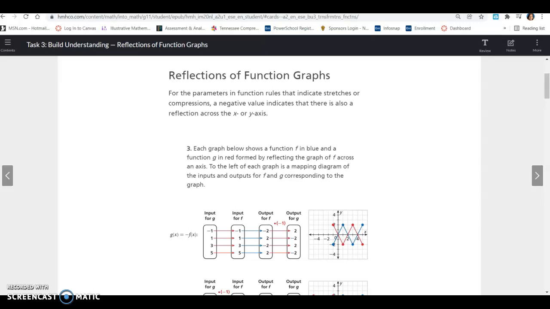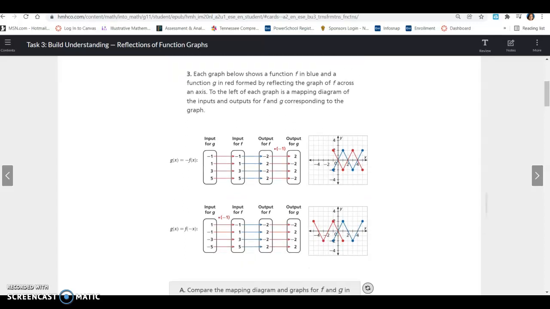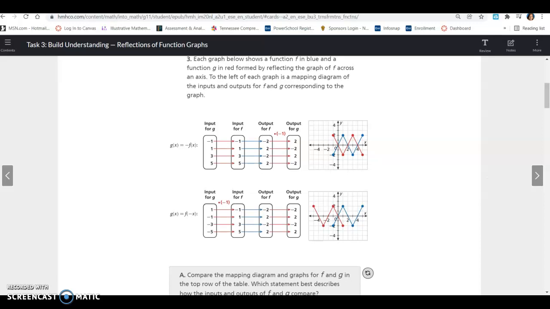To the left of each graph is a mapping diagram of the inputs and outputs for f and g corresponding to the graph. Alright, so you can see for this one it says g of x equals negative f of x. Okay, so the inputs are the same and the outputs g equals negative f.